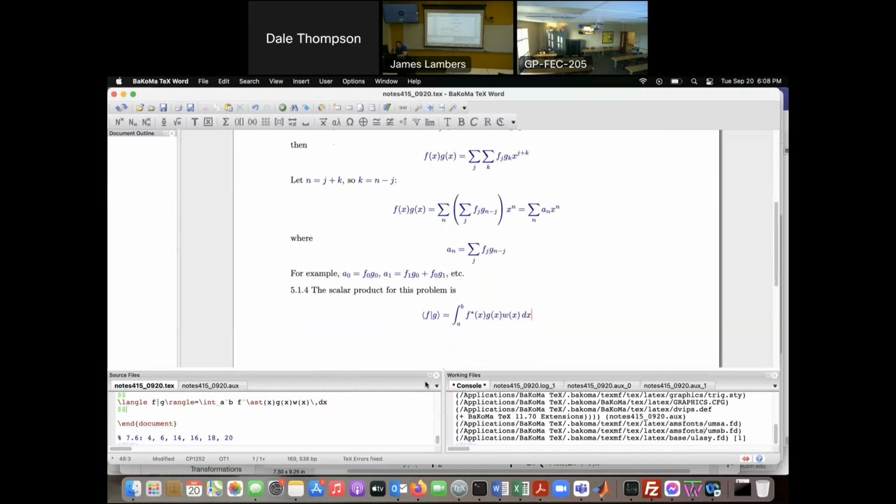So you know that when you have an orthonormal set, if you take one of these functions, like phi n, then the scalar product of phi n with itself will be equal to 1.